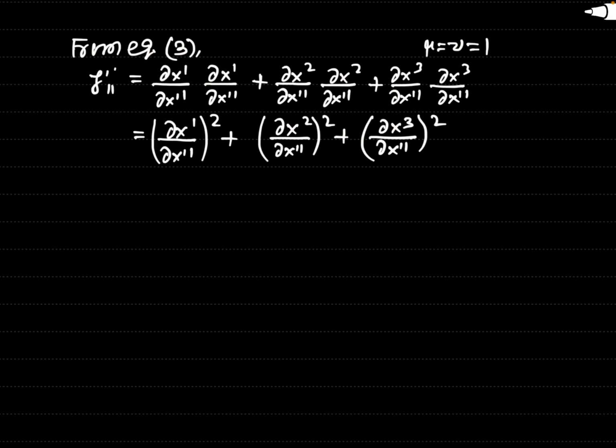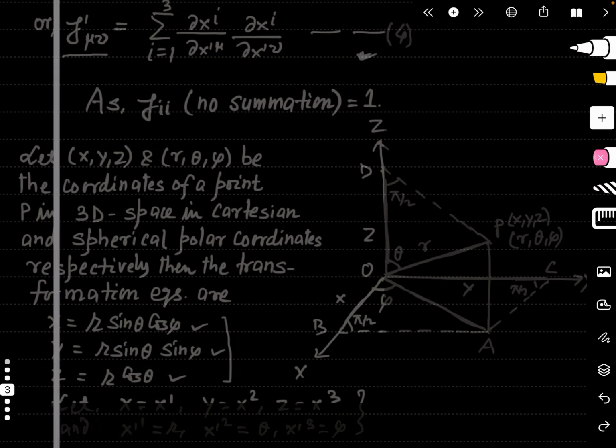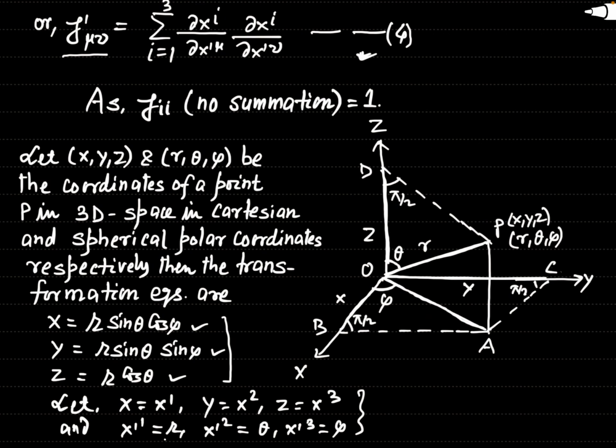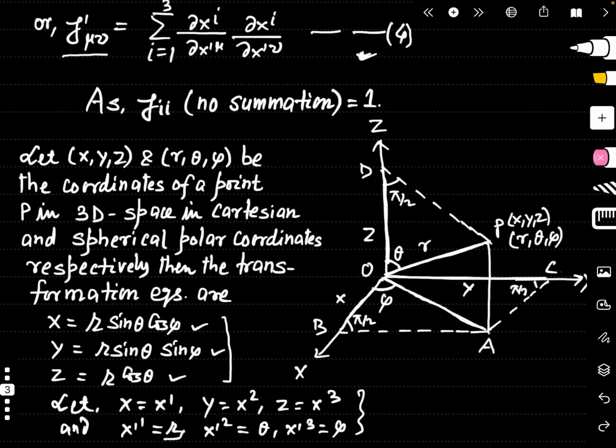Now see, x1 is in fact x, so you can write it as del x, and x prime 1 is equal to r.